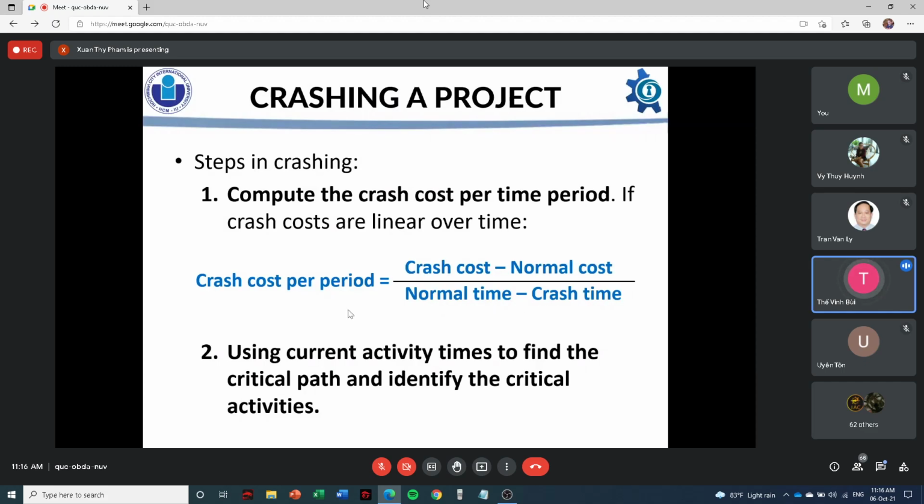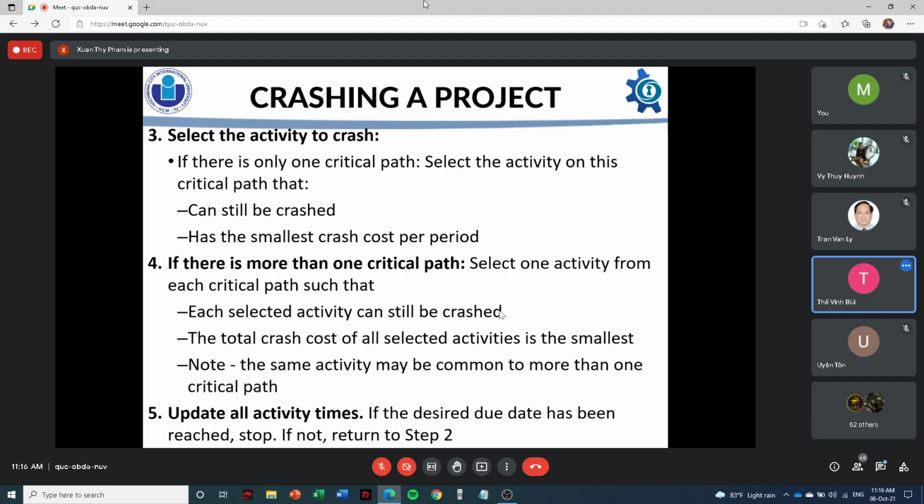The next step is using current activity times to find the critical path and identify the critical activities. The third step is to select the activity to rush. If there is only one critical path, select the activity on this critical path that can still be rushed and has the smallest rush cost per period.